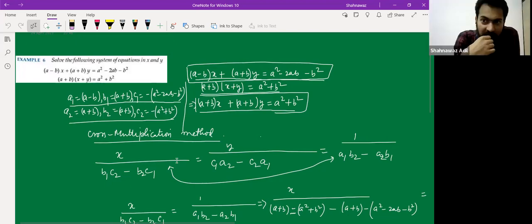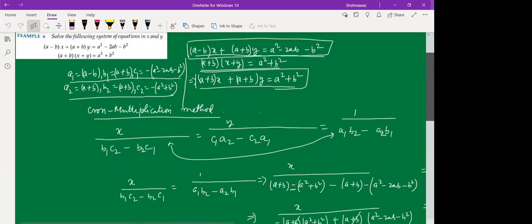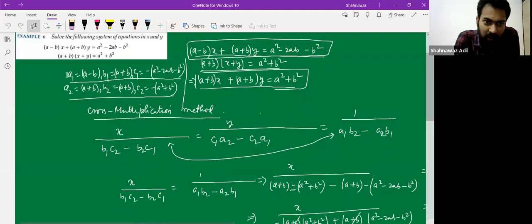They can make a very impactful change in your answer. It can totally give you a wrong answer if you miss those minus signs, right, Adil? Yes. And so we know about the coefficients A1, B1, C1, and A2, B2, C2.